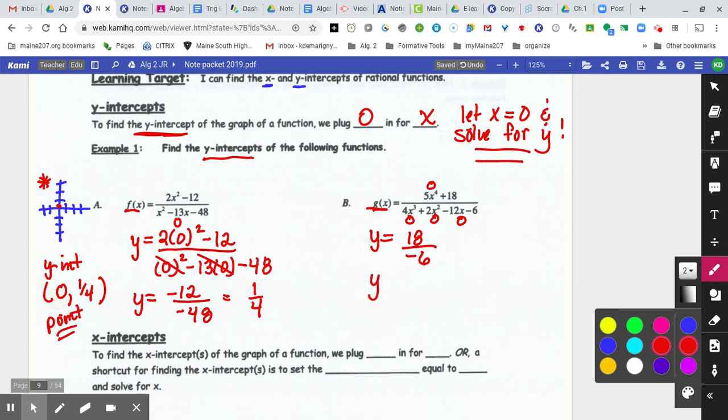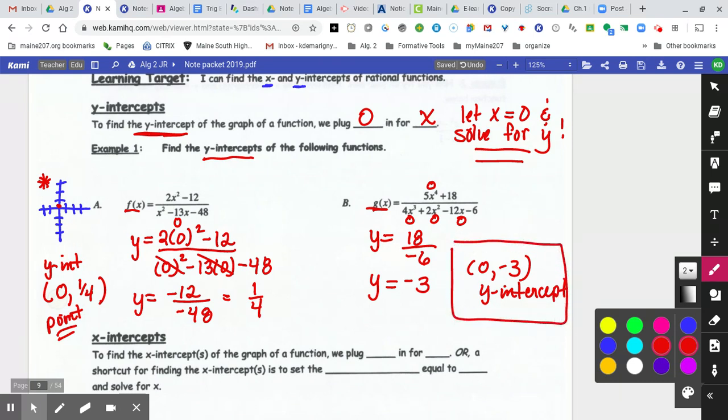If I simplify that, I have y equals negative 3. You are more than welcome to pull your calculator out and do that simplification. You don't have to do anything by hand. So (0, negative 3) is your y-intercept. And of course, you don't have to write the whole thing out.